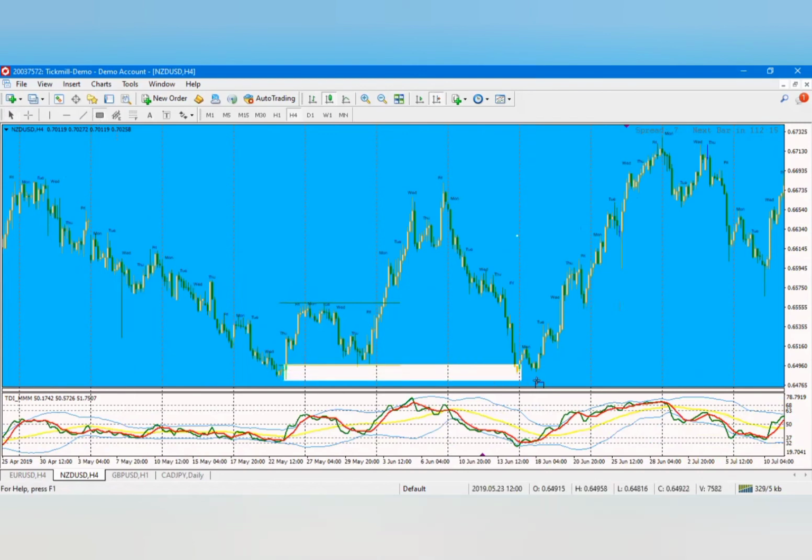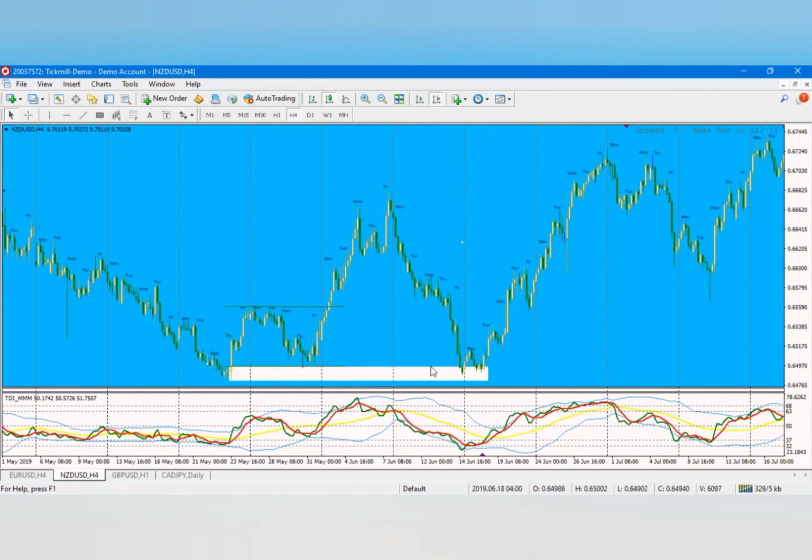And came to this other block with fair value gap and give us what? Another higher low. Another lower low. Yes. Can you see? It broke this. So we'll call it lower low, break of structure, right?